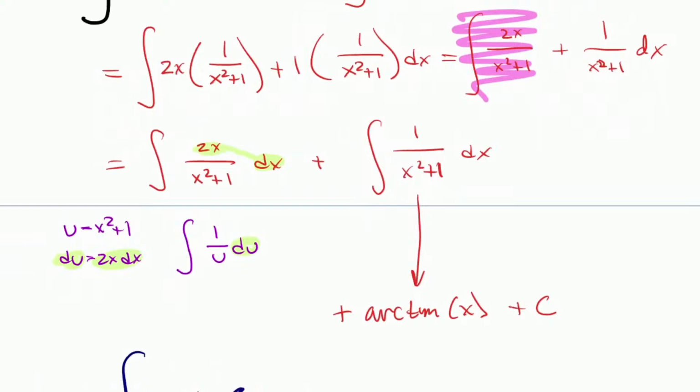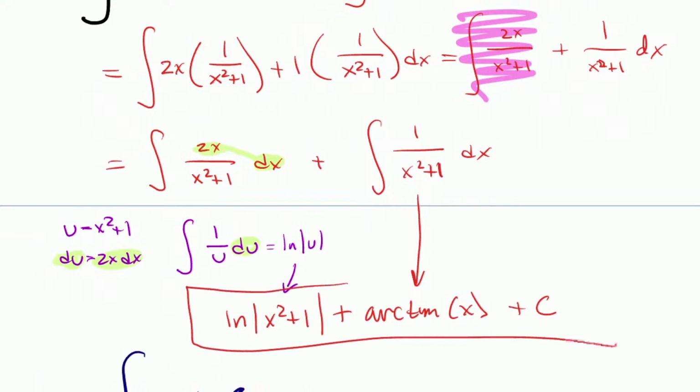All right, let's deal with the 1 over u. We can do this. I'm sure you could, but you're not here. Madison can, though. Madison, what's the antiderivative of 1 over u? Very nice. So this is natural log of the absolute value of u, which becomes this thing right here, natural log of x squared plus 1.